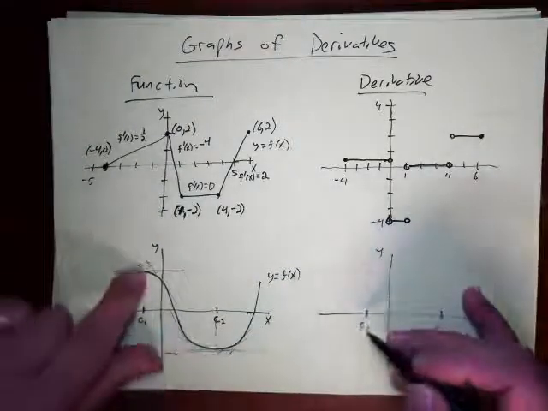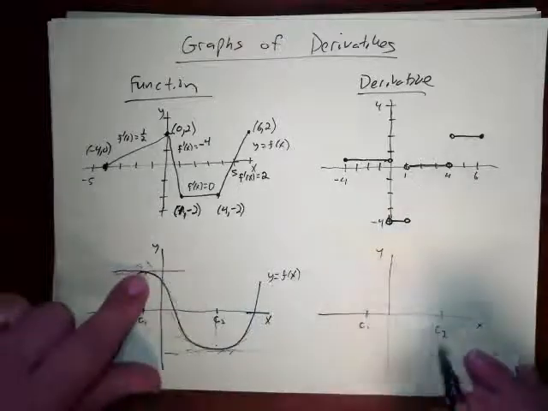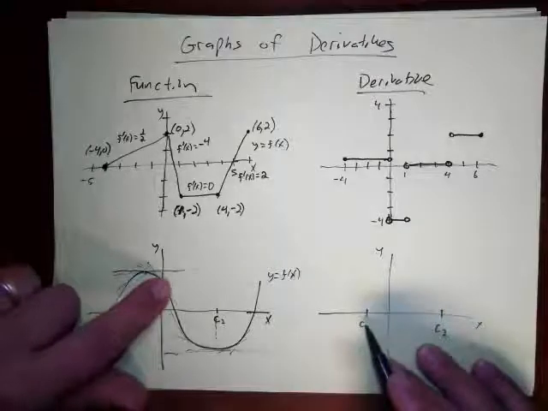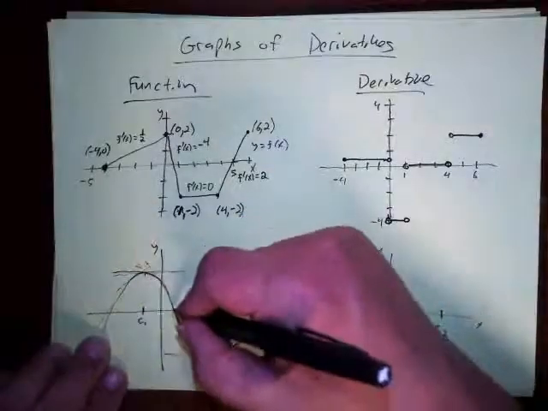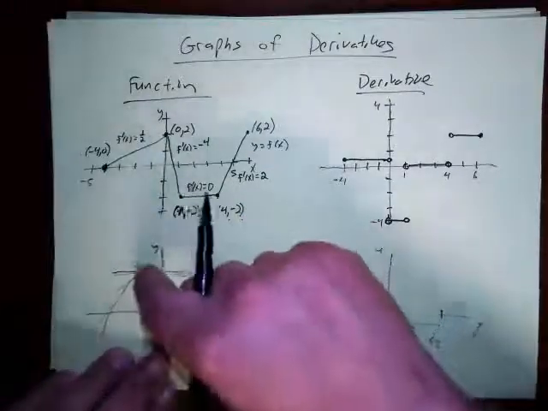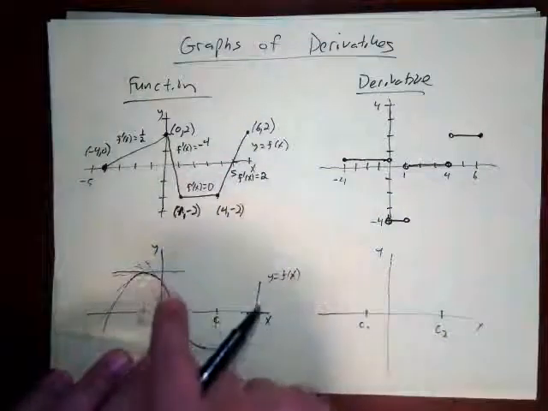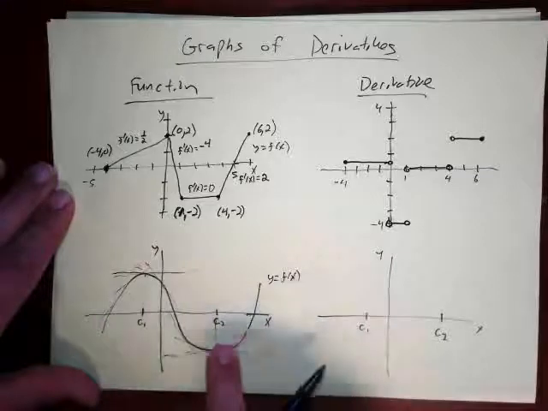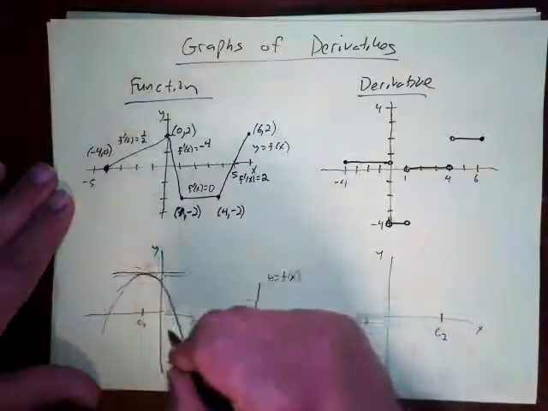So notice between here and here, it's negative the whole time. So it's going to be down here, and it's getting more and more negative, but there's going to be some point where this graph changes from being concave down to being concave up. And this is a really important concept.